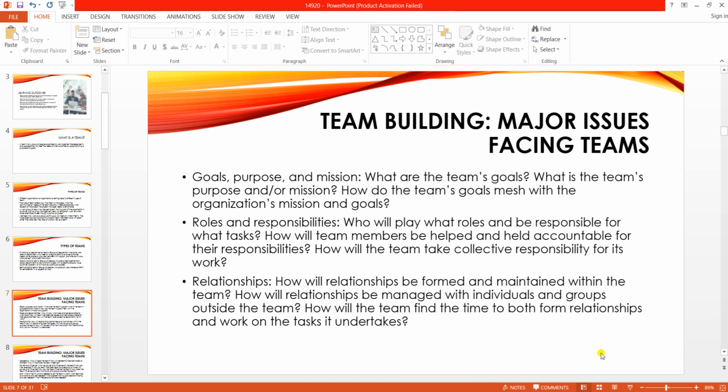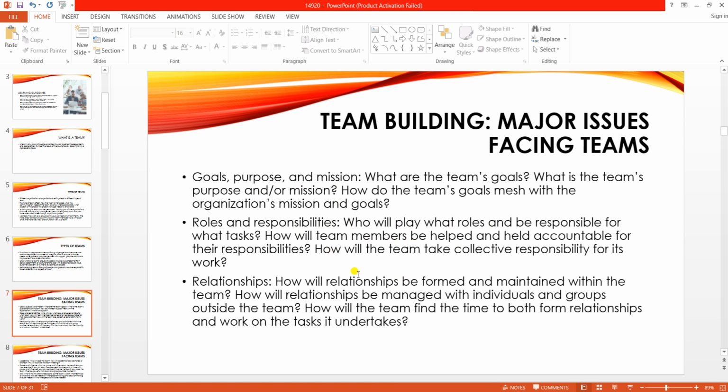With these items, there are questions that need to be posed within the team. What are the team's goals? What are the team's purposes, in terms of what they want to achieve or accomplish? Also, what is the team's mission and purpose, and how do the team's goals merge with the organization's missions and goals? So those three items, your goals, purpose, and mission, correlate with one another.